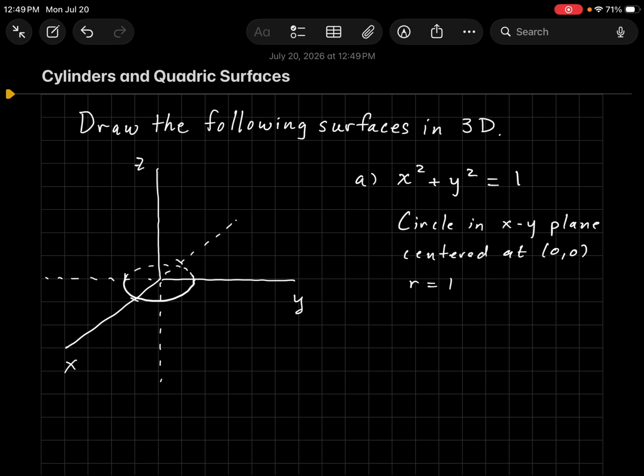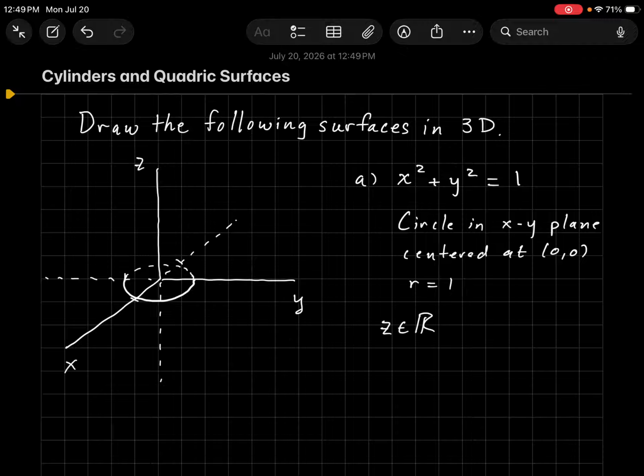Now, what I said isn't completely true, because recall that in three-dimensional space, x, y, z in this case, where one of the variables is missing, it is implied that the other variable is true for all real numbers and includes all real numbers. So I don't simply have a circle at z equals 0.